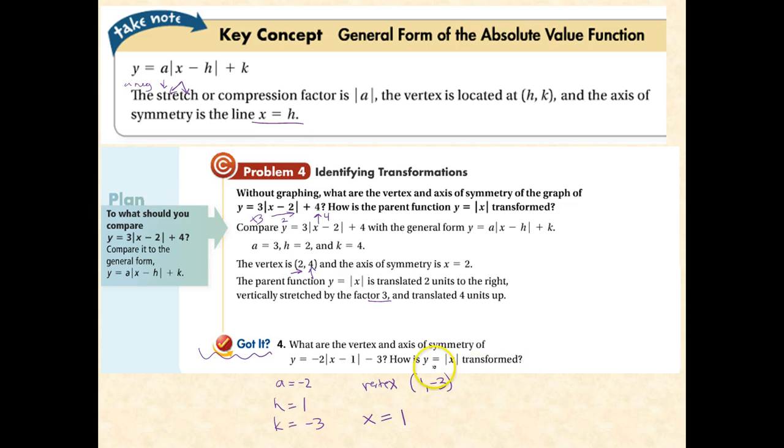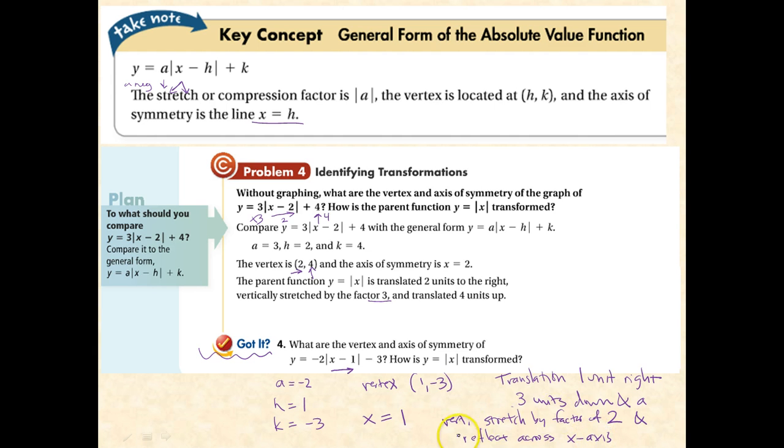And you would say it is a translation 1 unit to the right, 3 units down, and a vertical stretch by a factor of 2, and the negative sign means that we're going to reflect across the x-axis, which actually we probably have to reflect first and then do the translations. All right, so there's that.